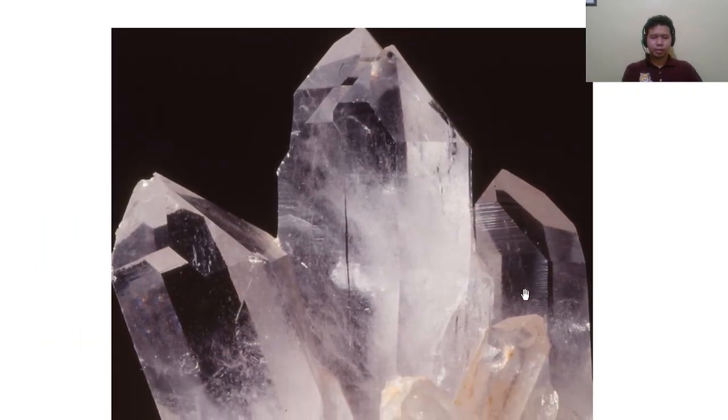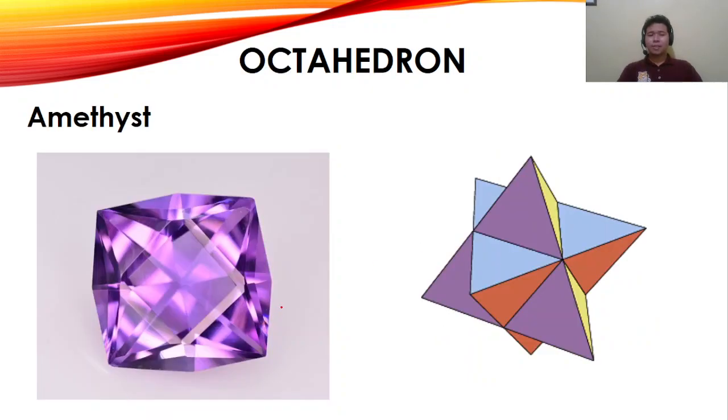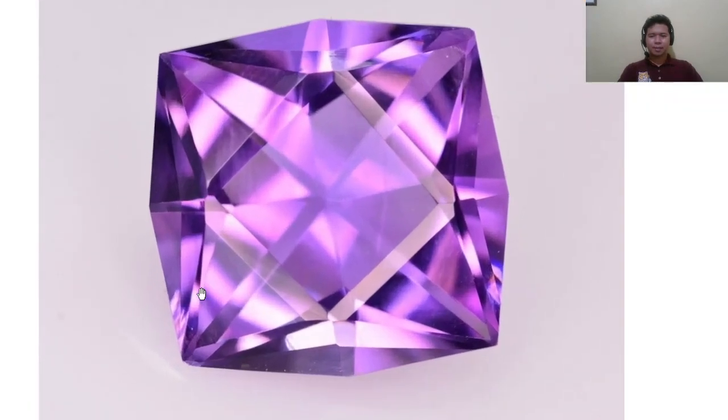Now here we have the tetrahedron shape. Next we have the amethyst. It is considered to be octahedral in shape, or octahedron in shape. It is an expensive mineral that when broken down into smaller pieces, it will behave into this particular shape. So we have amethyst.